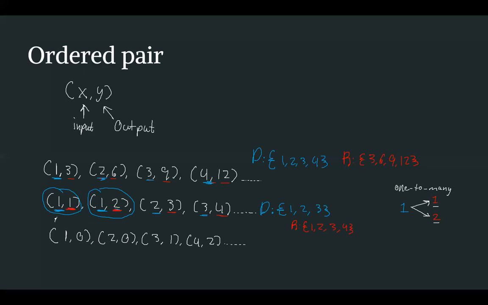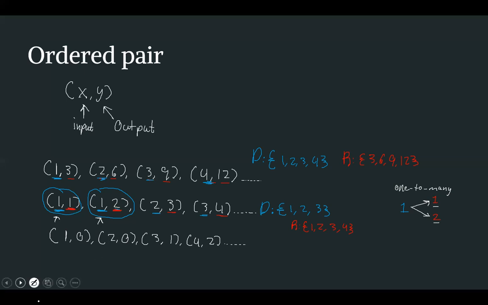From the first term, we have the input 1 and its output is 1. Then from the second term, we have the input of 1 and its output is 2. That's completely different from the first ordered pair. So this is one to many.